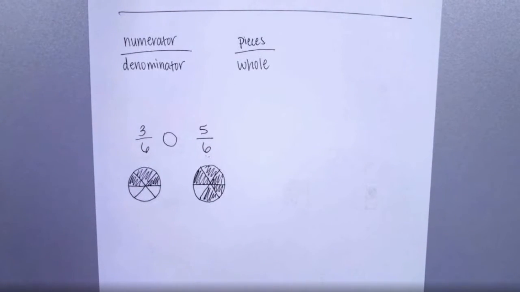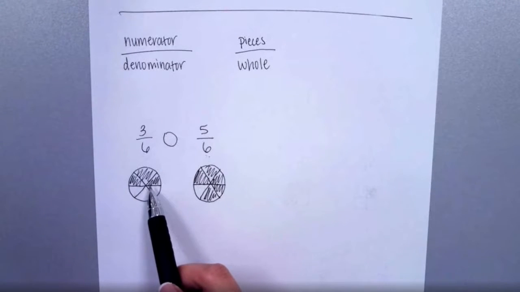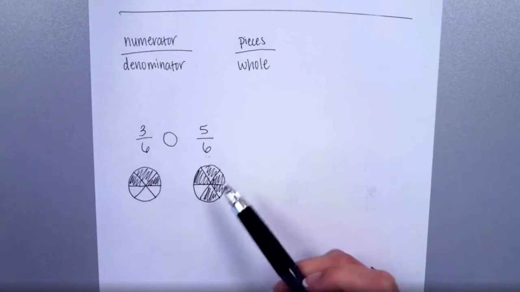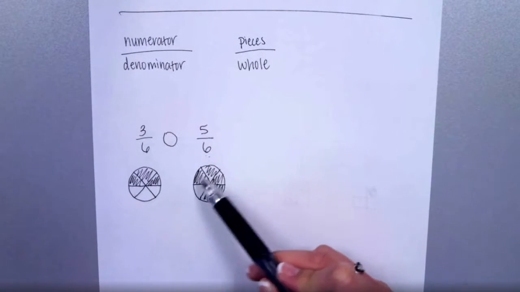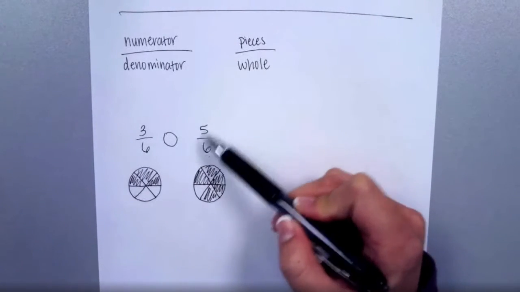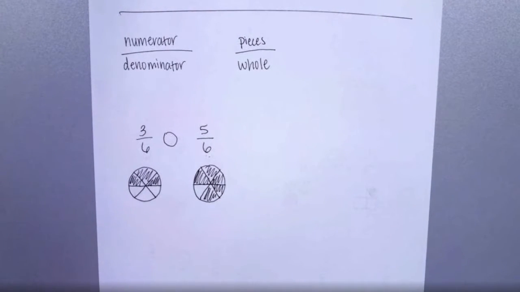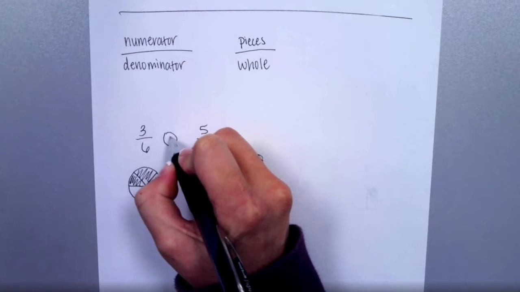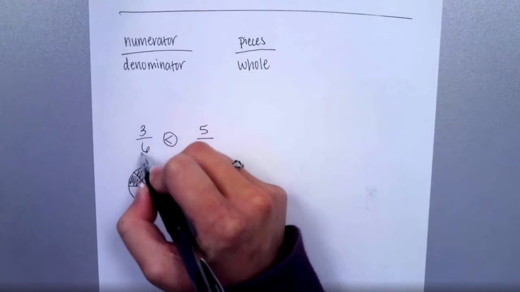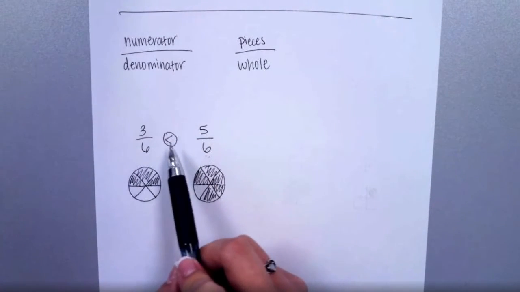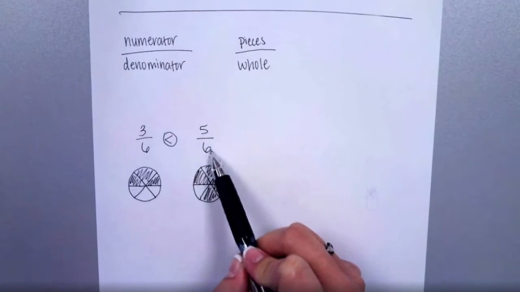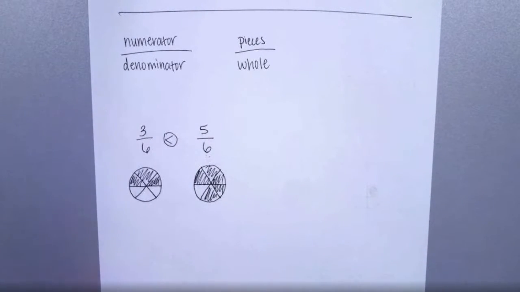So now I can look at my drawings, and I can see that over here I only have 3 pieces shaded in, but over here I have 5 pieces shaded in. So this 5/6 is going to be my bigger fraction. So I'm going to say 3/6 is less than 5/6. Again, just like yesterday, my alligator is going to eat that bigger number.